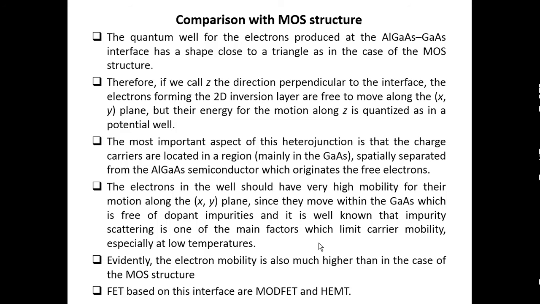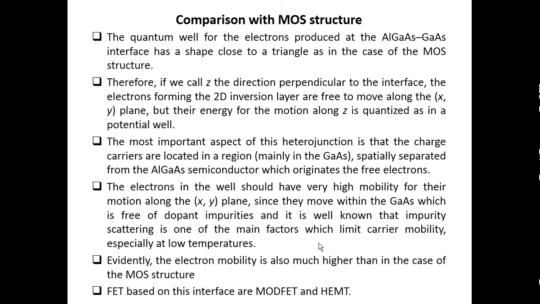And that is not there in the case of aluminum gallium arsenide heterostructures, due to all the conditions which we have stated here. So evidently, the electron mobility is much higher than in the case of a MOS structure. It is due to this fact that heterojunction devices, such as modulation-doped FETs, have very high speed compared to MOS structures.